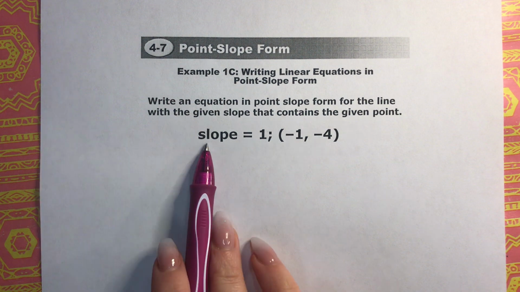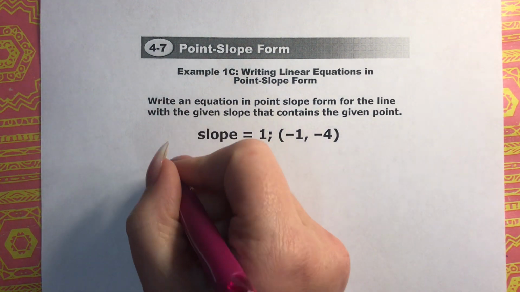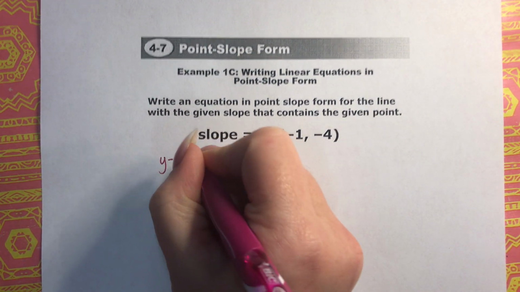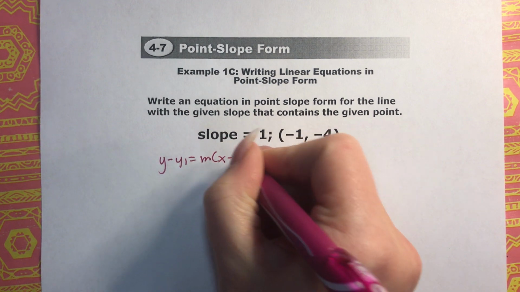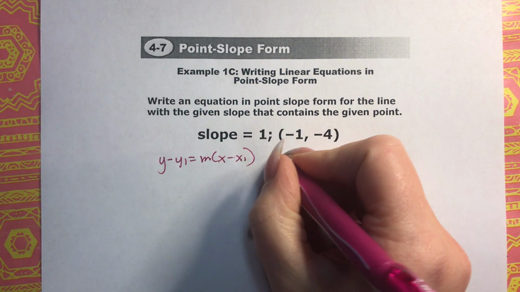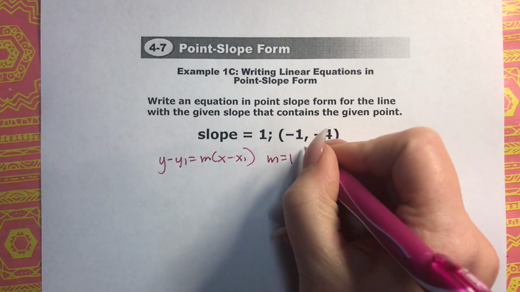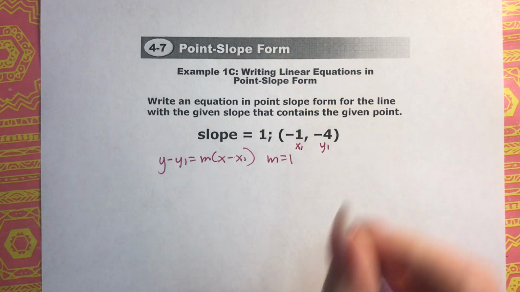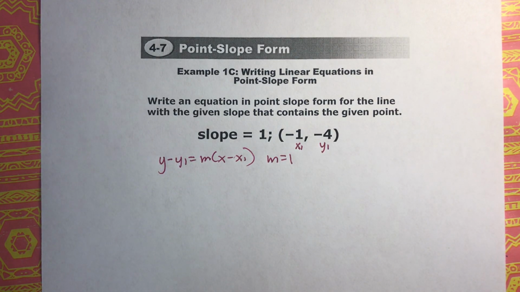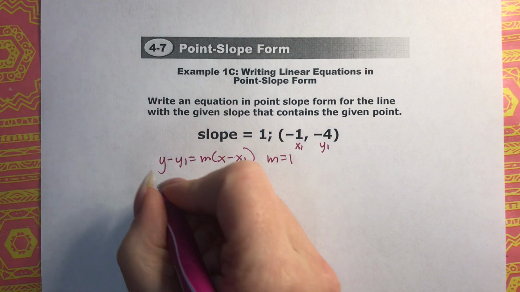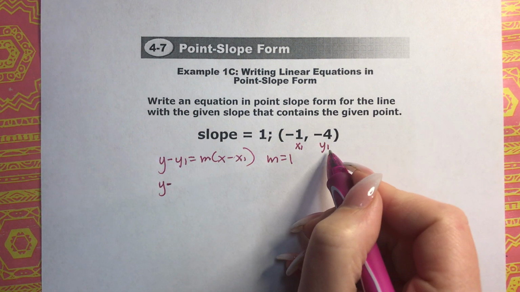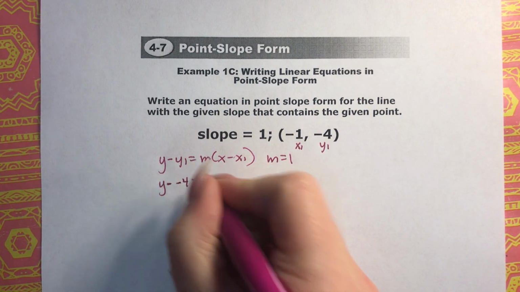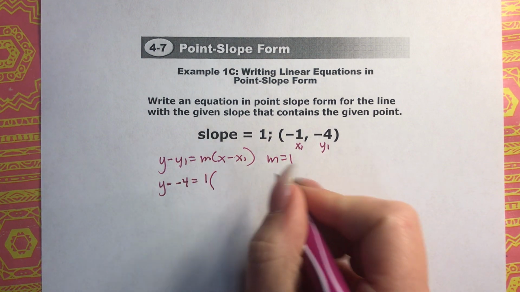So again, we're just going to put this information into the point-slope formula. So I'm going to write it down. Y minus y1 equals m multiplied by the quantity x minus x1. My slope is equal to 1. My point is right here. This is my x1, y1. And I just substitute this information into the formula. So I have y minus my y1 is -4 equals my slope is 1.